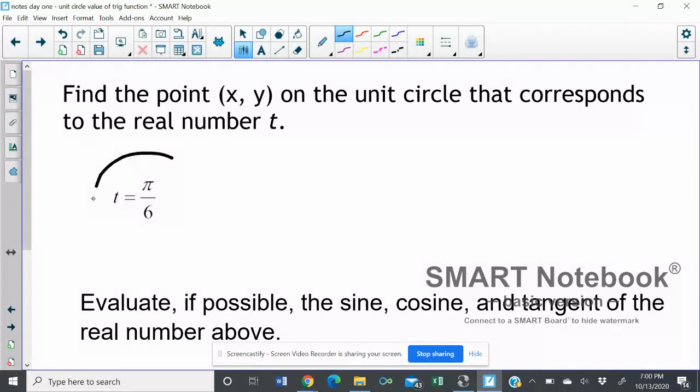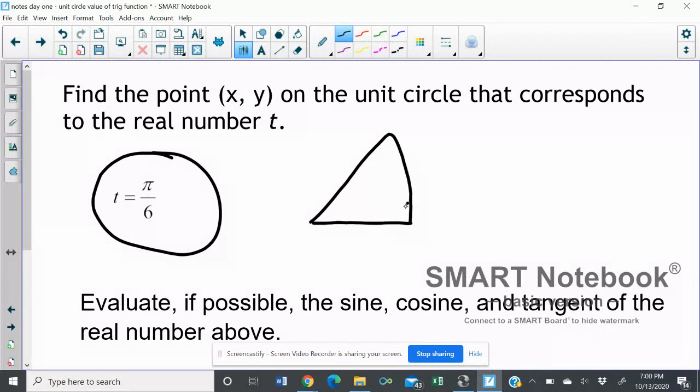So if they ask you, they're looking for the xy that corresponds with t. So pi over 6 is, I literally would draw a triangle. I would think about pi over 6, which is 30. Right? 30 gives you the 1/2.